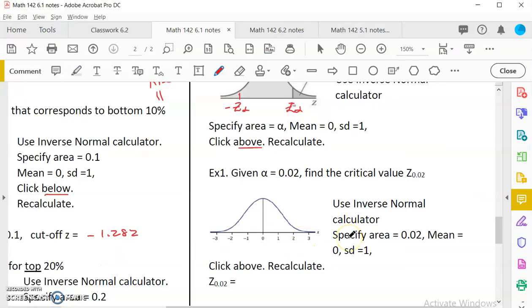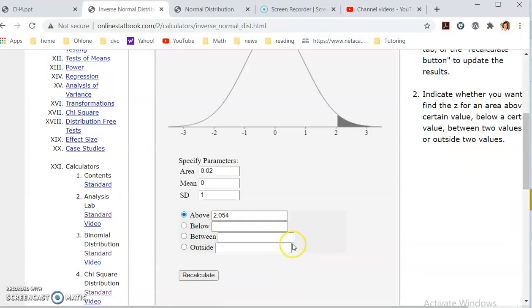That means 2 point something. If you're over it, these are very rare. If this Z shows up, it is surprising. 1 point something, 1.9, even 2 itself is not rare. It is considered not significant. It's considered that it can happen by chance.